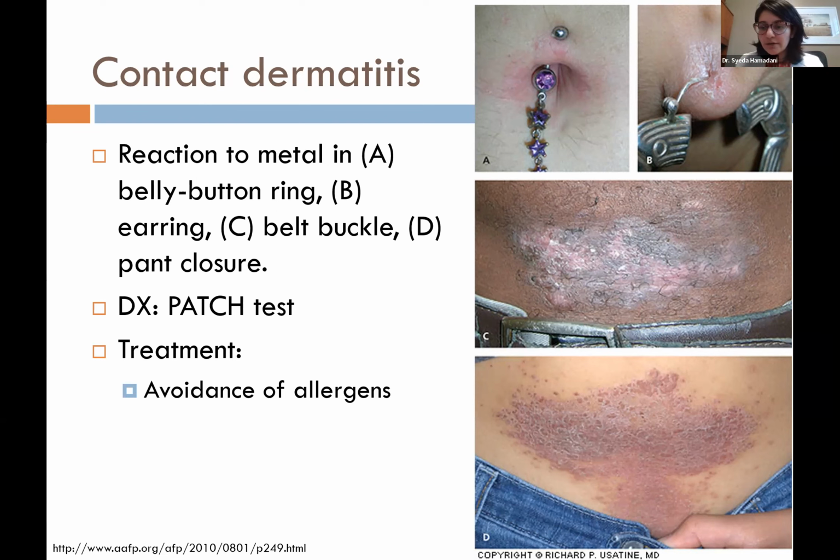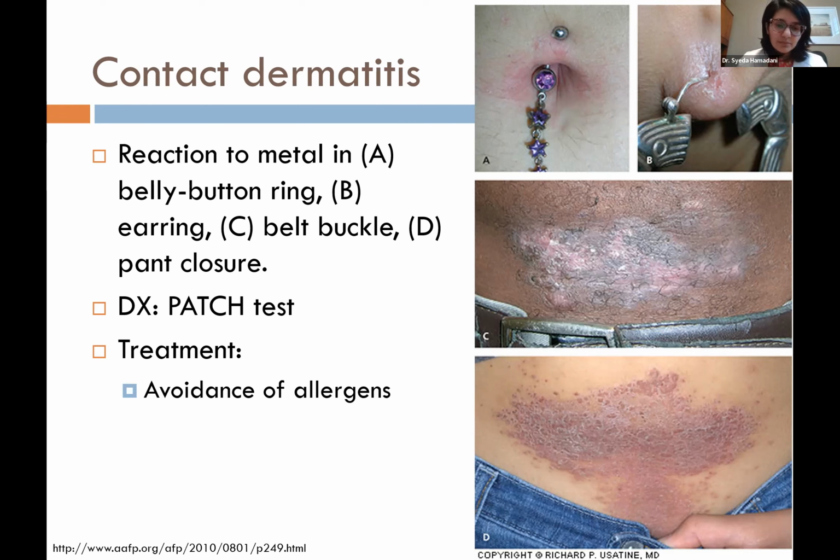That's something that we can help answer with patch testing. We talked about hand dermatitis and how we can diagnose if they're using certain topical products that may be causing their dermatitis to be worse. If you have an uncontrolled eczema, again, this is a really good test for those types of patients.